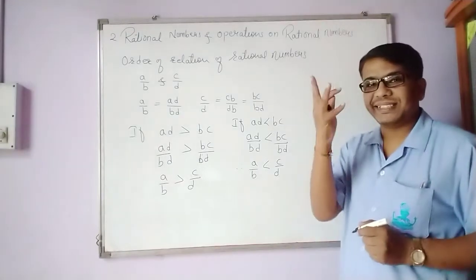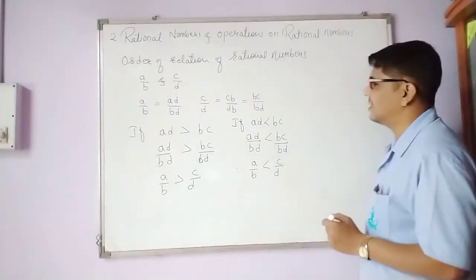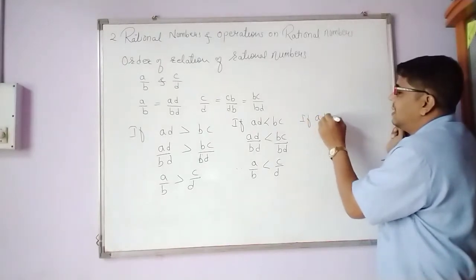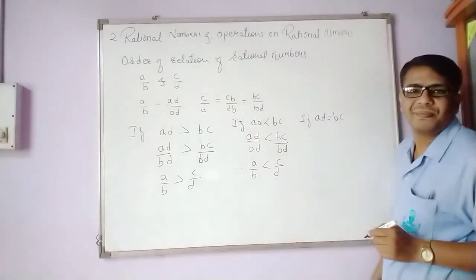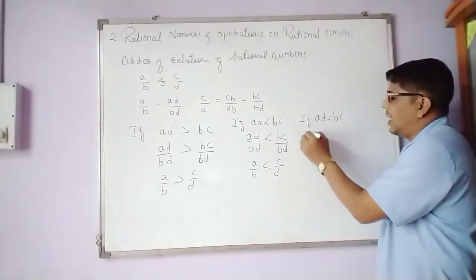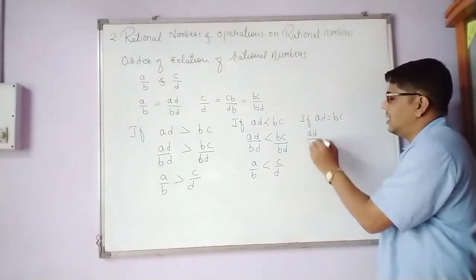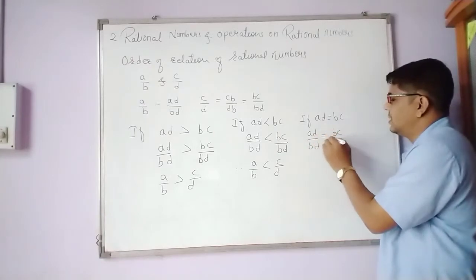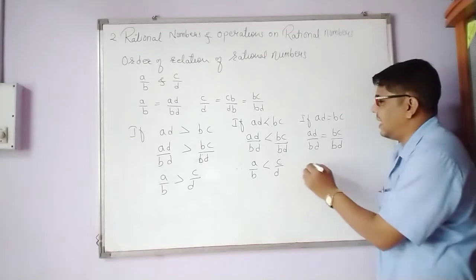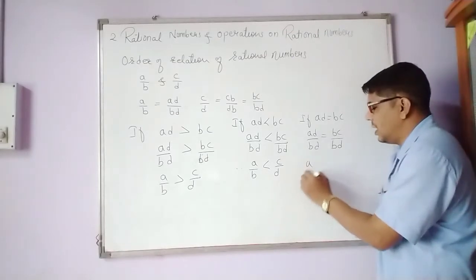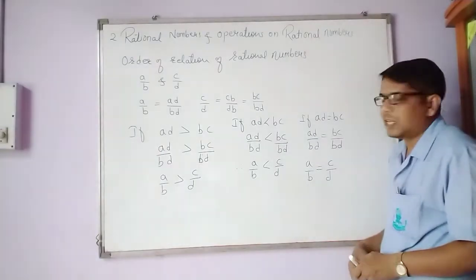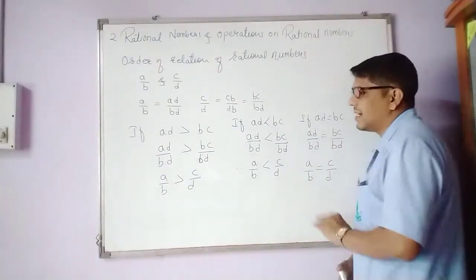Now the third condition. That is, if AD is equal to BC, then AD upon BD will be equal to BC upon BD, and from that I can have A upon B equals C upon D. So these are the three conditions.